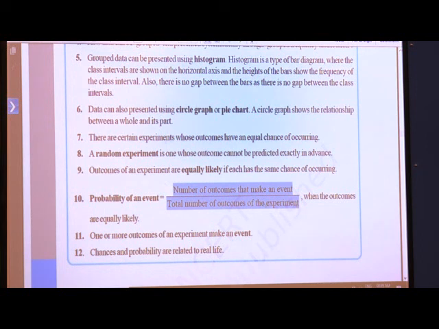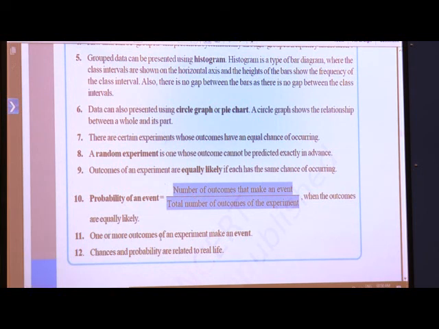In that, for prime numbers we saw that there are 3 outcomes that make the event, and total number of outcomes were 6. So, it was 3 upon 6, that is 1 upon 2, when the outcomes are equally likely. I hope you have understood probability of an event.